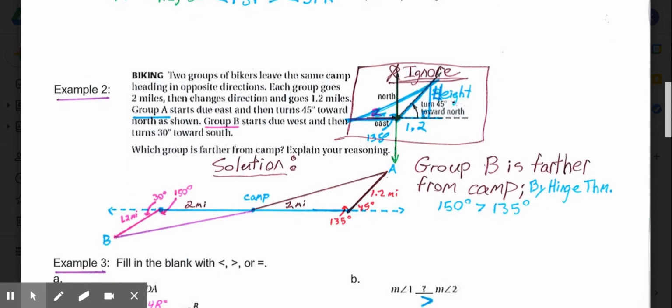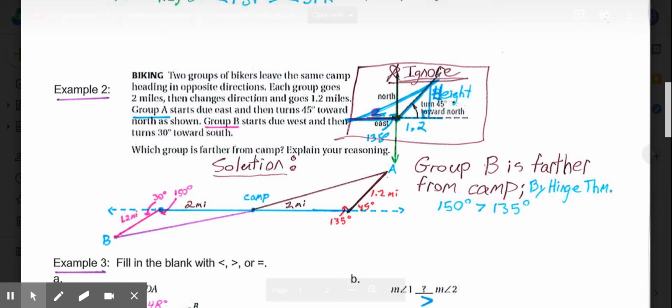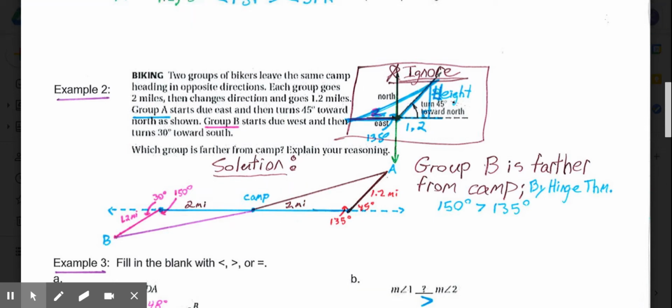Now, the biking scenario. You can ignore the diagram that printed up here because it did not print correctly, so I just pulled it down here to draw to make it easier to see. Our biking scenario says two groups of bikers leave the same camp heading in opposite directions. Each group goes for 2 miles, changes direction, and goes 1.2 miles further. Group A starts going due east.